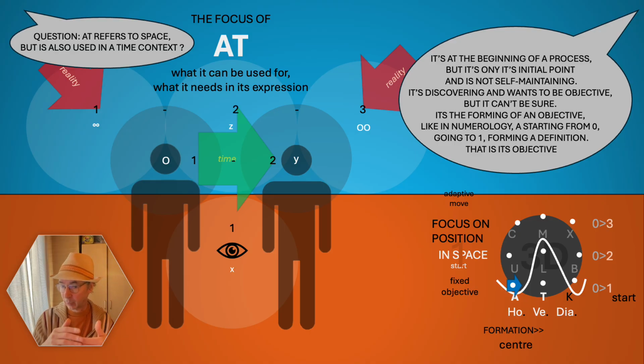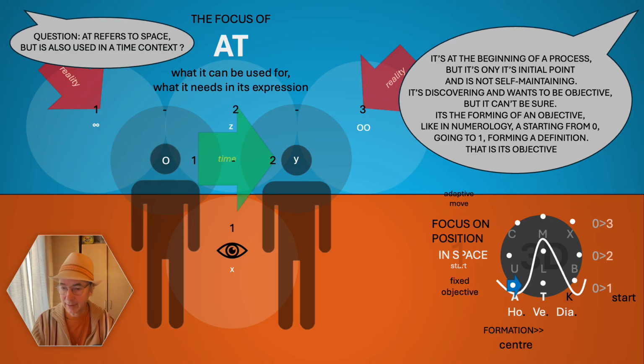When you have a wave that comes forth from it, this wave will not be powerful enough to be self-maintaining. We are in a mindset of wanting to discover what's going on, and at that point we want to be objective. We want to be sure that it is narrowed down to be something which is fixed. But at that point, in the first letter of this whole system, we still cannot be sure, because we're forming an objective.